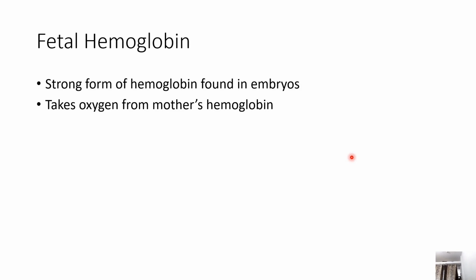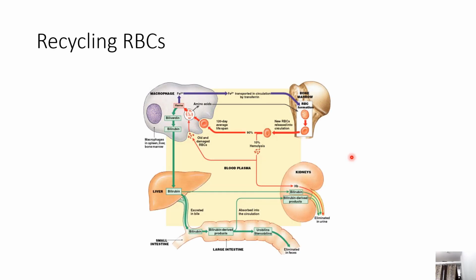Now, fetal hemoglobin is a strong form of hemoglobin found in embryos. It takes oxygen from the mother's hemoglobin. So, how do you recycle RBC exactly? It's the process of recycling RBC. If you can see over here, new RBC formation happens in bone marrow.